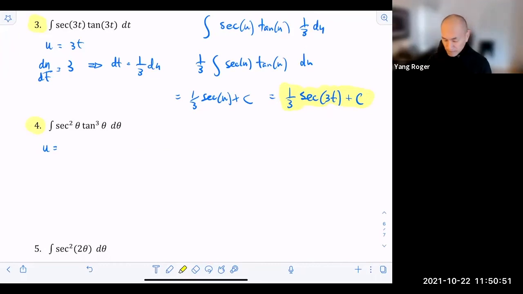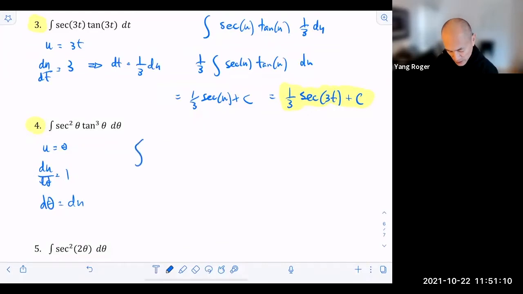So the first comment I want to make is if you let u be equal to theta, du d theta is equal to 1, d theta is equal to du. So your integral becomes the integral of secant squared u tangent cubed u du.